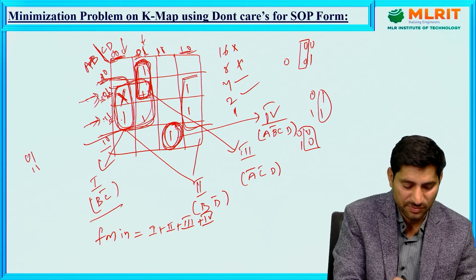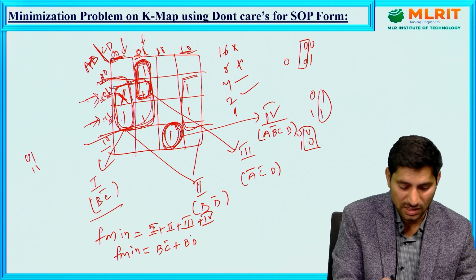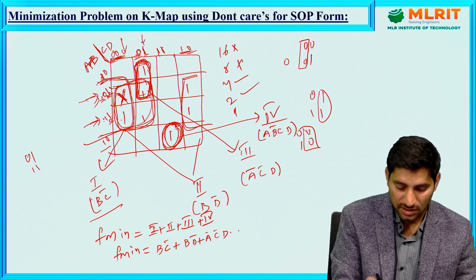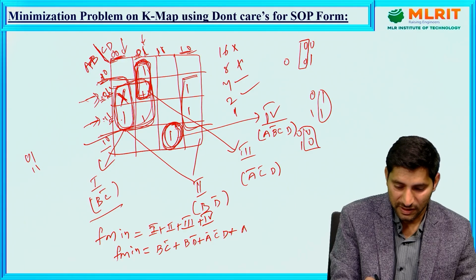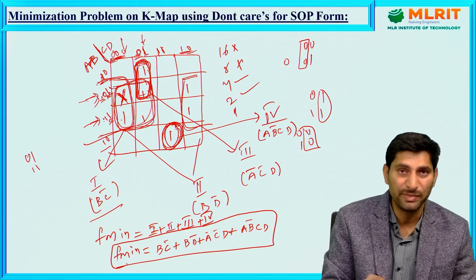All the terms, minimized terms I need to add. So F minimum, I got it as BC bar plus BD bar plus A bar C bar D plus A B bar C D. This is what I got minimized function.